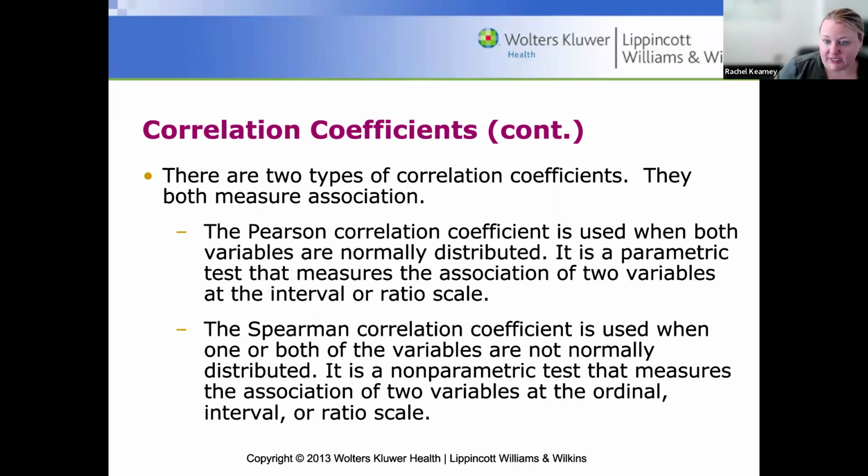The Spearman correlation is used when the data in either one or both of the variables is not normally distributed, so our non-parametric test, and the measures of the two variables are ordinal, interval, or ratio. So depending on what type of data you have depends on what type of correlation you would need to run.